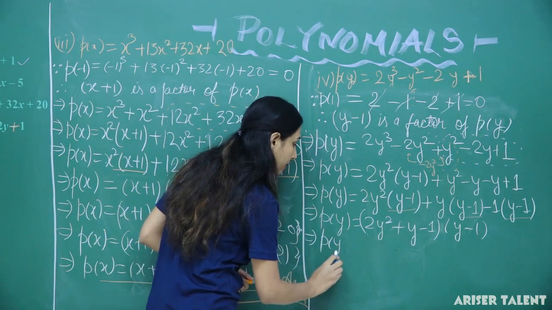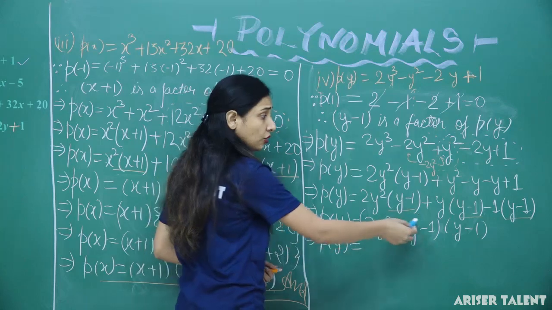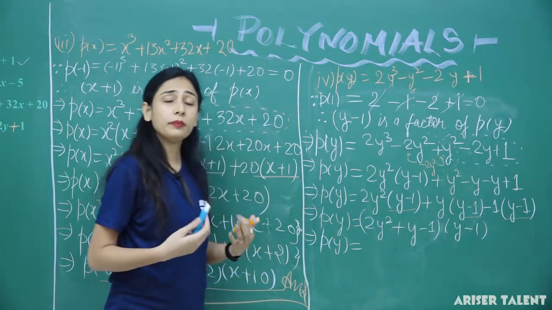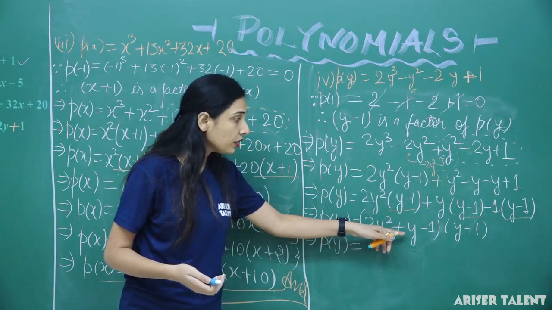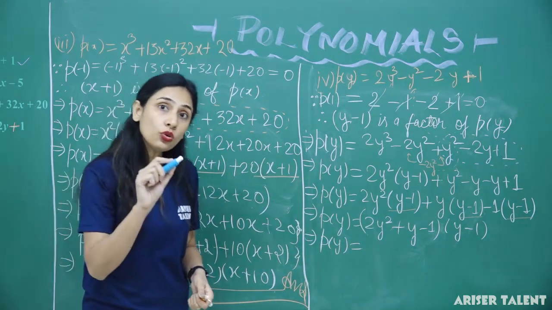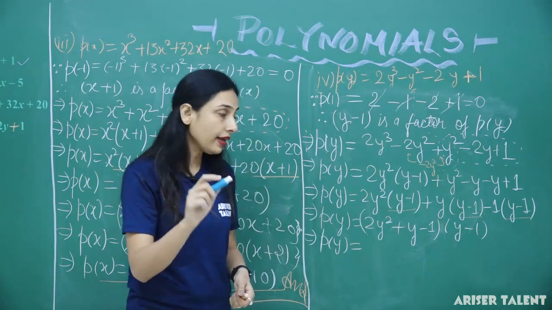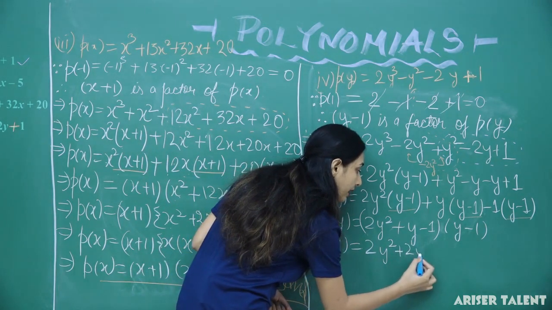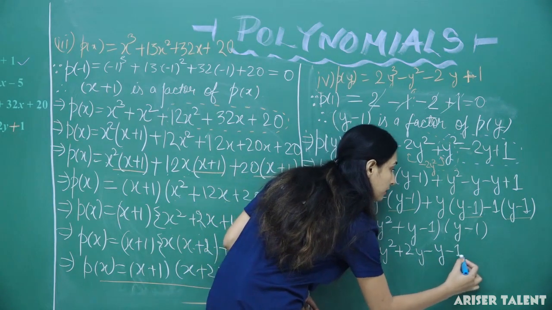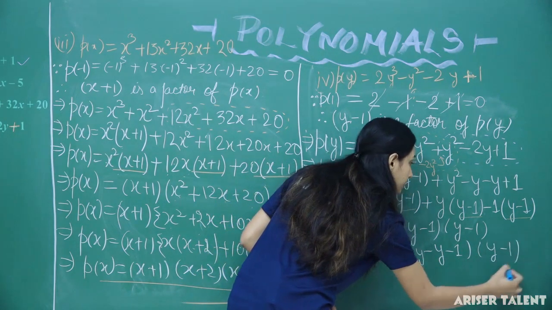So in that format what will you do? You will write P(y) equals 2 multiplied by minus 1. 2 multiplied by 1 is what? 2. Now how can you bifurcate 2 to get this y? 2y minus y is y, okay. So 2y square plus 2y minus y minus 1, and y minus 1.